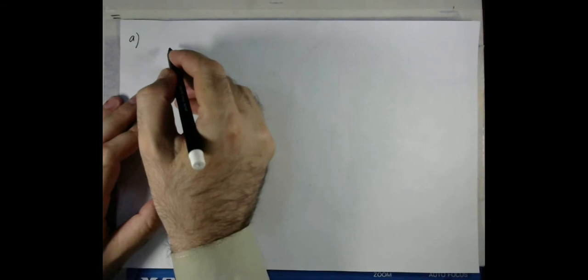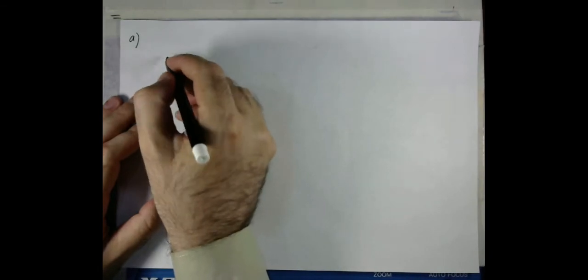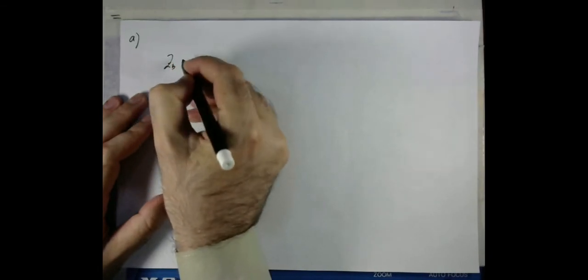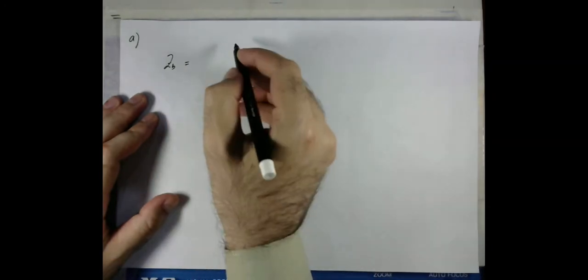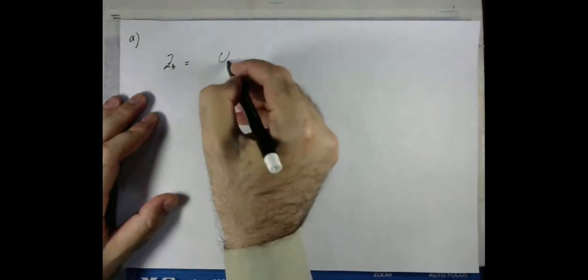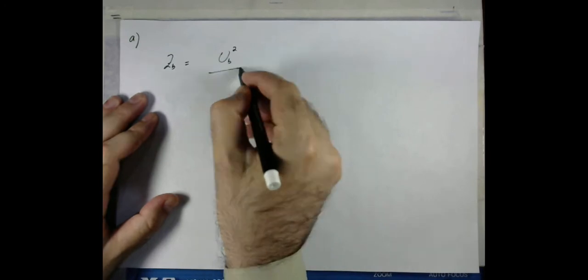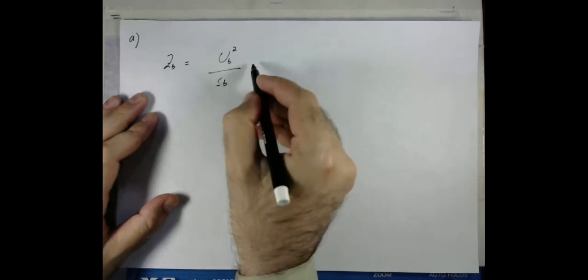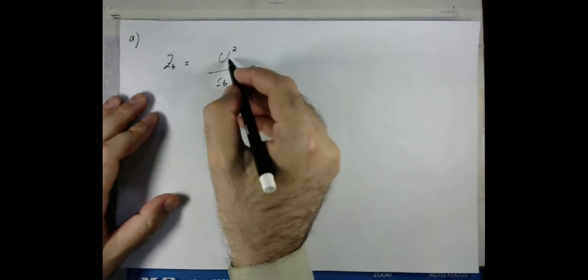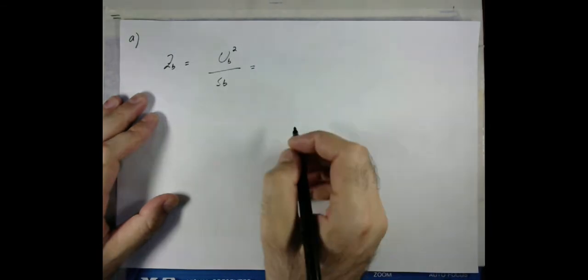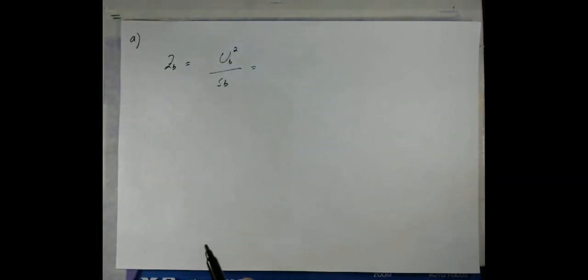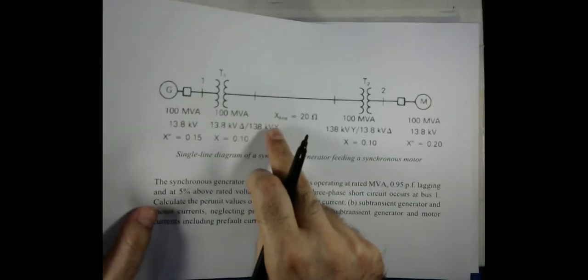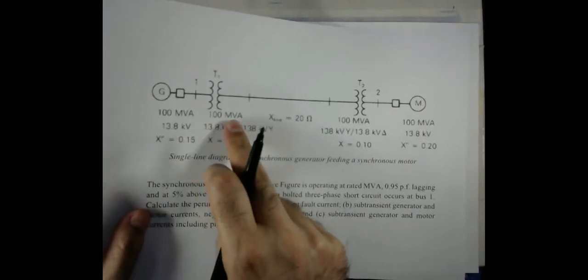So the base impedance, if you remember, is equal to VB squared divided by SB, the base voltage squared divided by the base MVA. In this particular case, the base voltage is 138 kilovolt and the base MVA is 100 MVA.